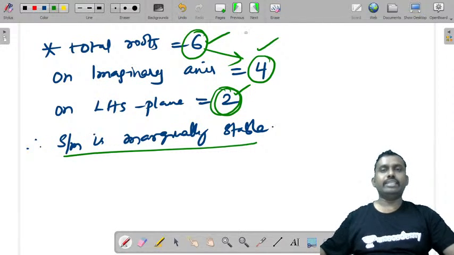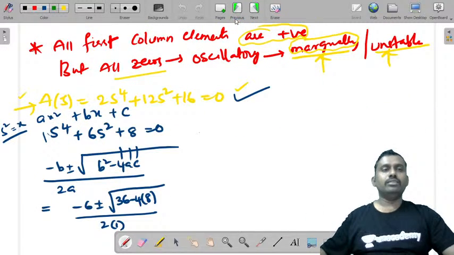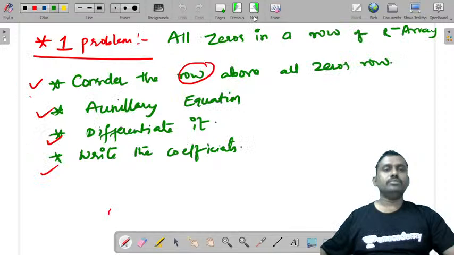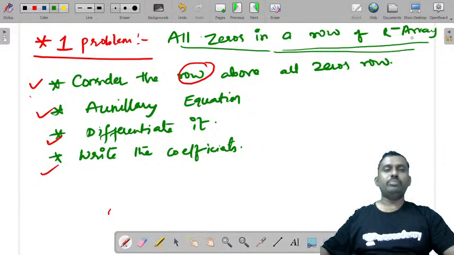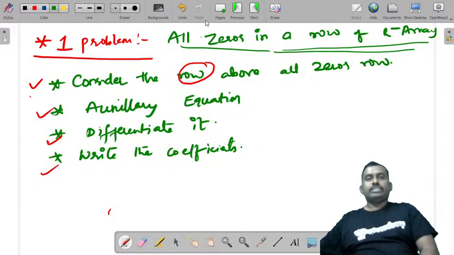Hope this point is clear. This is the case of an all-zeros row in a routh array. This was the first problem.